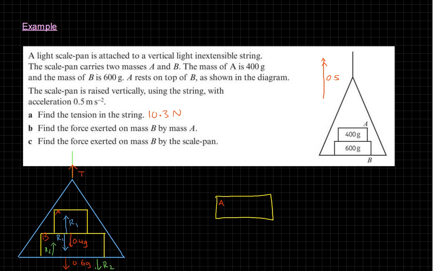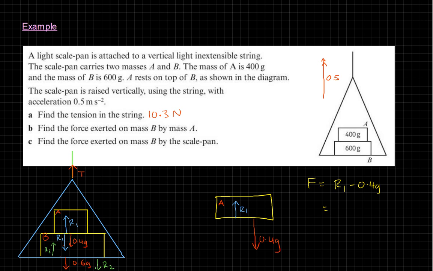And there's only two forces on it. We've got the 0.4G down, and we've got the R1 going up. So then let's just do F equals ma again. All of this stuff is about F equals ma. So F, the resultant force on A, the total of all forces, is R1 minus 0.4G.